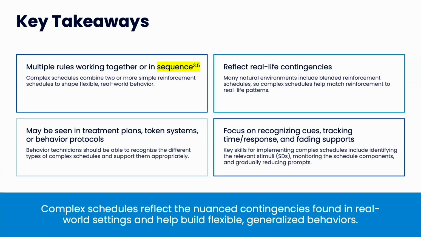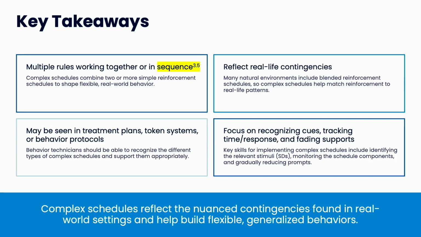Real-life contingencies. So many natural environments have blended reinforcement schedules, so complex schedules help match our reinforcement to real-life patterns. They focus on recognizing cues, tracking time or responses, or fading support. They allow us to do all those things: recognize the student's cues, track time or responses, and fade supports.